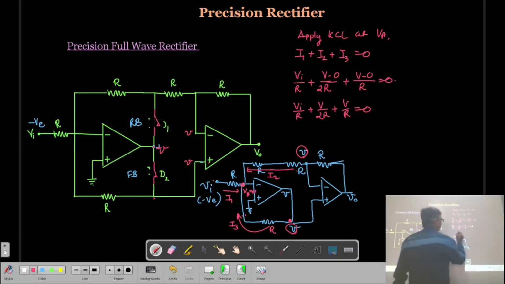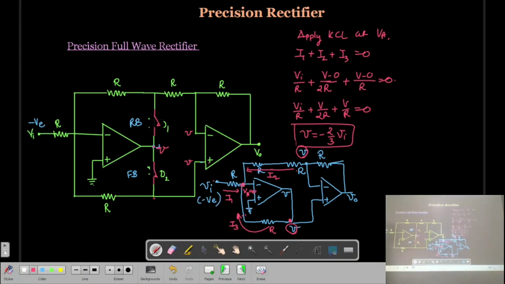So if we calculate, then this potential V will come out to be minus 2 by 3 Vi. Right? So the potential at this point is minus 2 by 3 Vi.